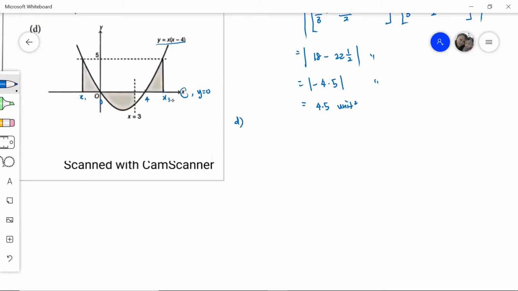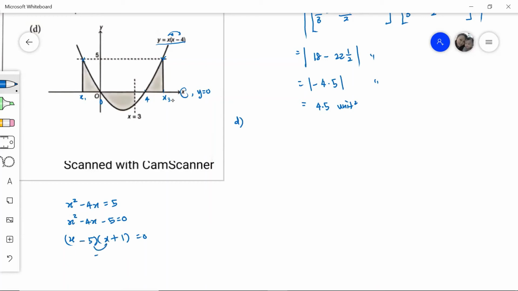Now we have to find x1 and x3. That is when the corresponding y value is 5. So let's expand this. We will have x squared minus 4x equals to 5. So x squared minus 4x minus 5 equals to 0. So we factorize this part. So 5 and 1, negative and positive.